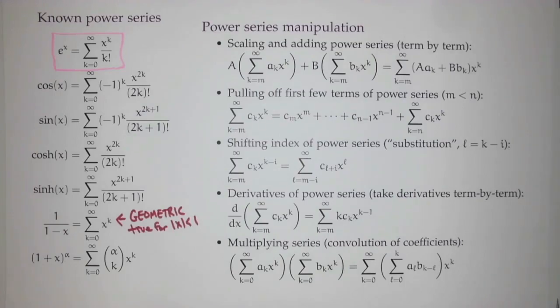And you say, okay, great. But what if you had something weird? 1 plus x to the pi. Wait, what? Can you do that? Is that allowed? And the answer is yes. So this is a binomial sum. And you get these, what you might call binomial coefficients.